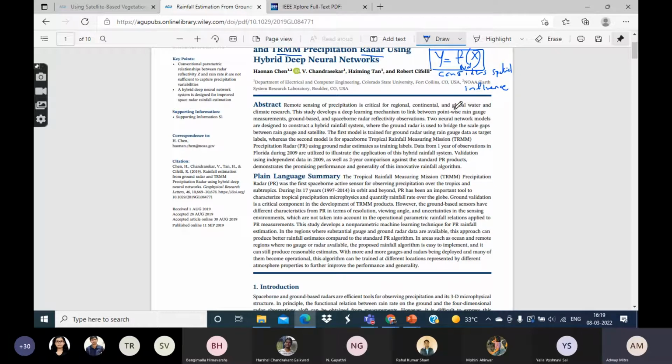Right. Two neural networks. So as I said, F1 and F2, they are designed to construct a hybrid rainfall system. So there are different rain sources, and they want to build two neural networks to reconcile the sources. The first model is trained for ground radar using rain gauge data as target labels.